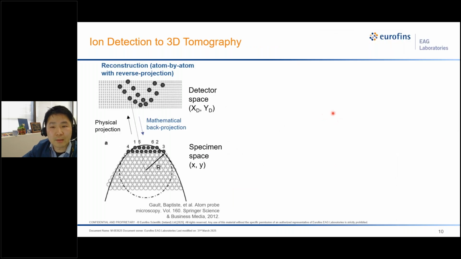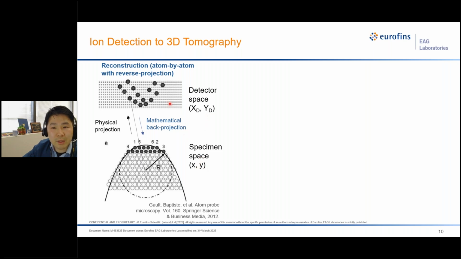The position-sensitive detector records the impact position in the detector space, and these are later converted into the specimen space through a simple back projection algorithm to obtain the lateral coordinates. In this process, the detector space coordinates xd, yd, in millimeter space, are converted into x, y in nanometer space.